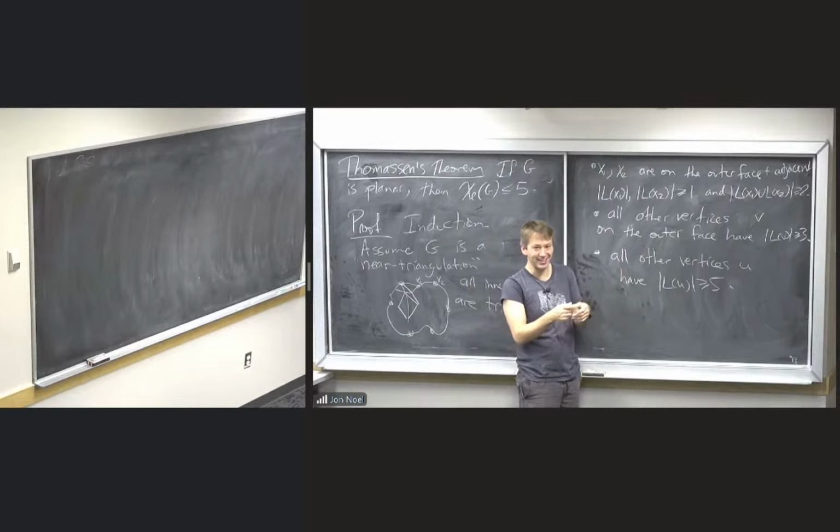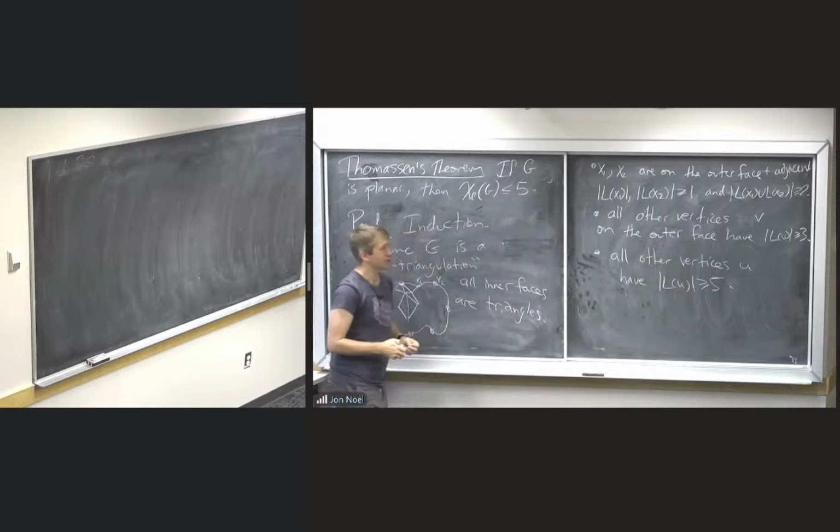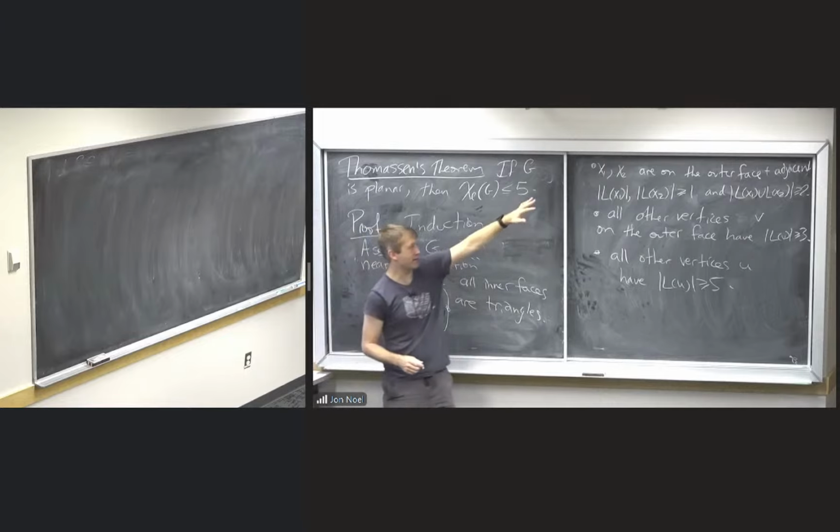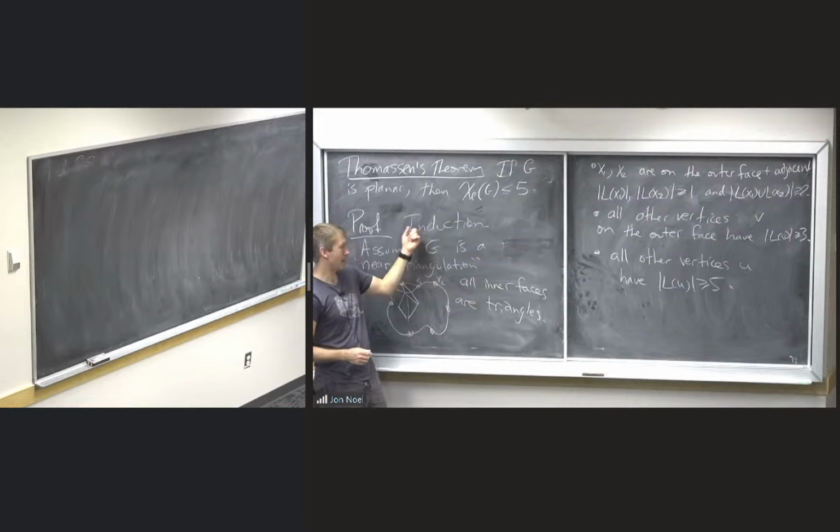I can kill some colors from some lists and still have 3 colors left, and then I'm happy. So I want to prove that if these constraints are satisfied, then by induction I can always find a coloring. Does that make sense? Maybe not completely.